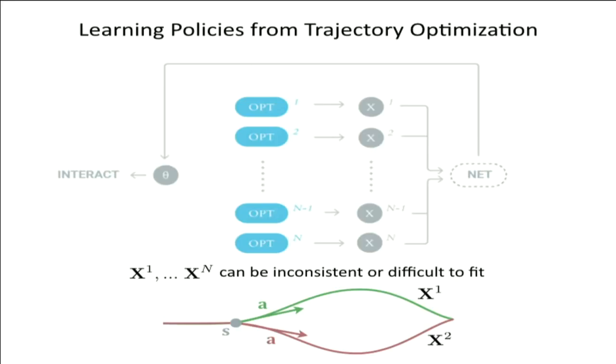Another issue is that things can even be inconsistent. So let's say I'm starting from standing still, and I need to start walking with a particular speed. Well, I can start walking with the left foot, or I can start walking with the right foot. And both of these are equally plausible. Depending on random initialization, some trajectories might start walking with the left, some might start walking with the right. But let's say you have a single unimodal policy that for any particular state has two conflicting actions.